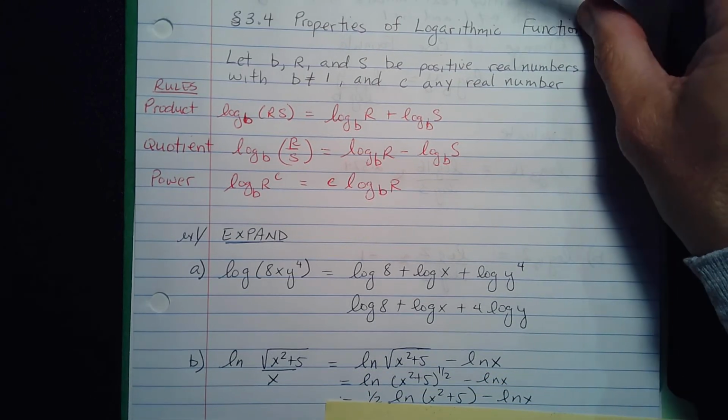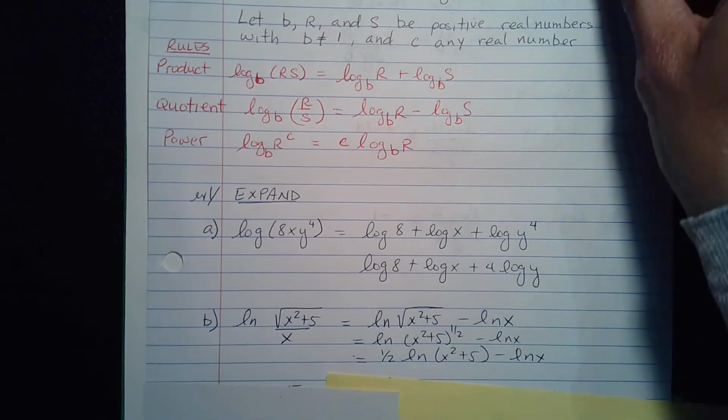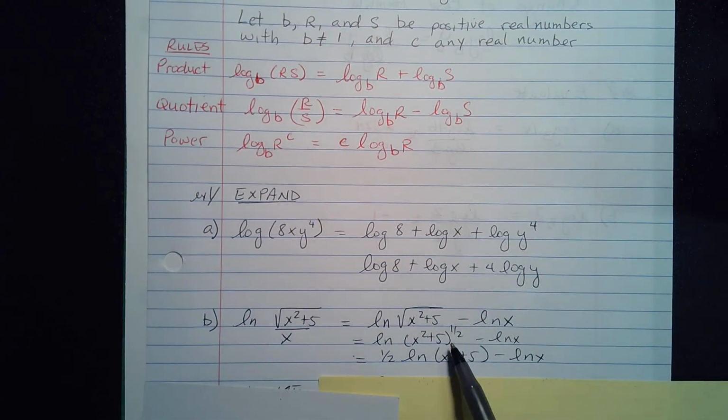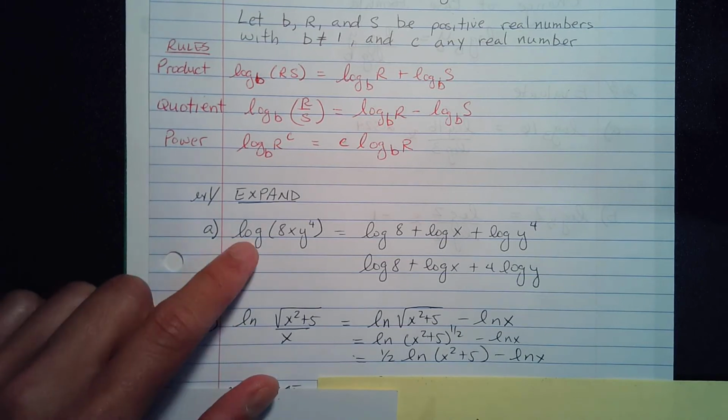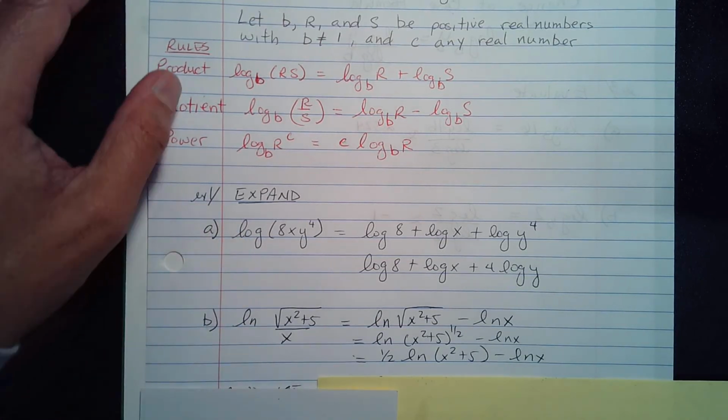We can rewrite this square root as an exponent of 1/2, and then we move the 1/2 out to the front. So here is your answer for part B. We expanded this single logarithm. This is called a single logarithm because there's only one log.